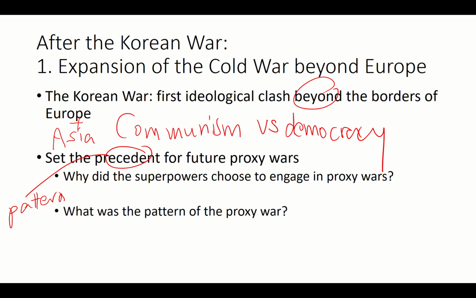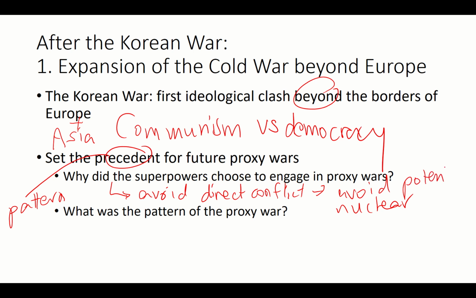So the whole point of avoiding direct conflict and engaging in proxy wars is that when I avoid direct conflict, I am avoiding nuclear war, or rather avoiding potential nuclear war, which is of course going to lead to World War III. And that is what nobody wants. No sane human being is looking to cover the world in radiation and nuclear ash.